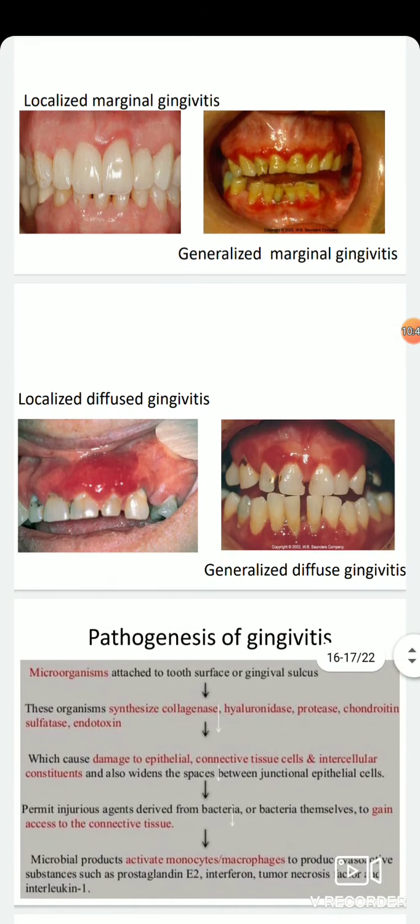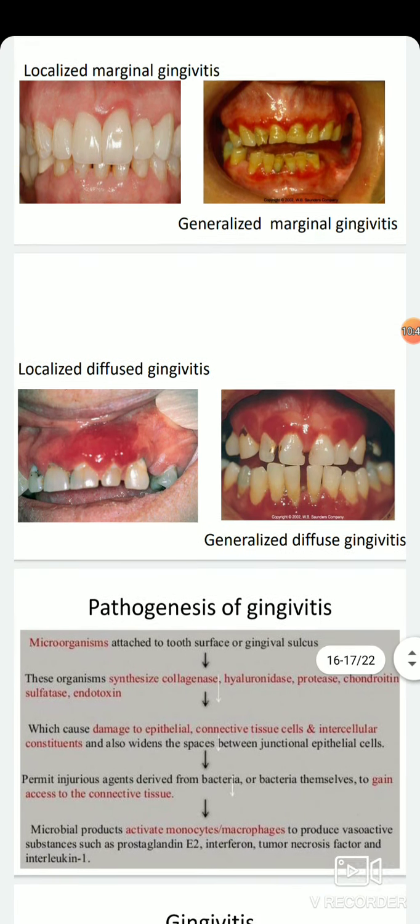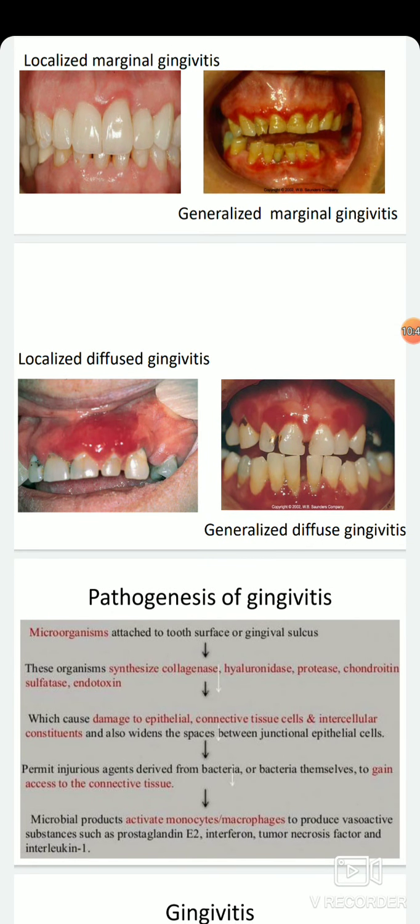And the next picture shows localized diffuse gingivitis and generalized diffuse gingivitis, involving all three parts of the gingiva, in localized or generalized form.